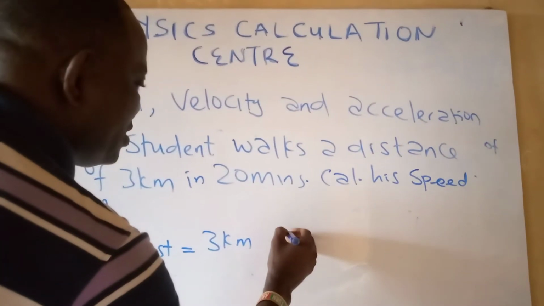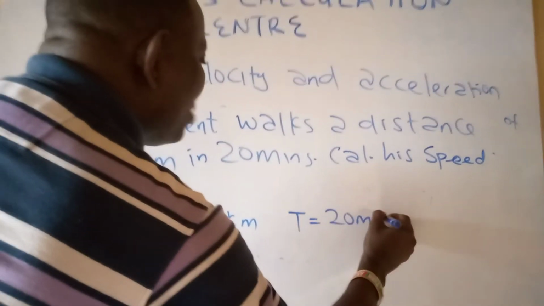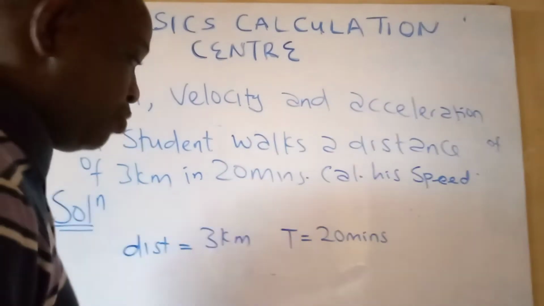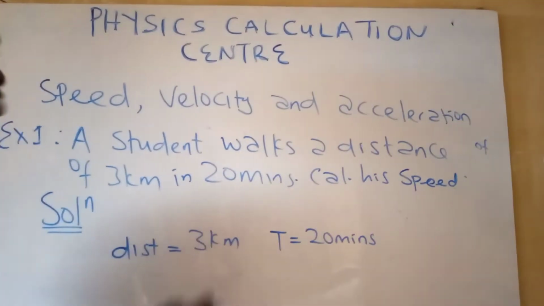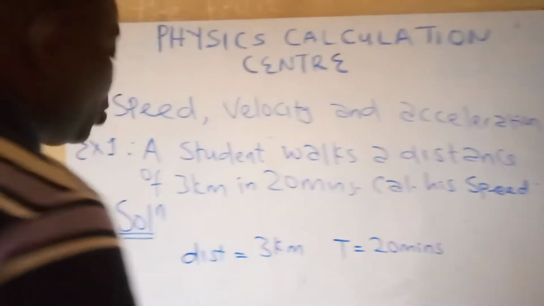Time, we are given time. Time T is 20 minutes. Remember I told you that the SI unit is what? Meter per second. And this is kilometer and minutes. So what it means is that you have to change this to meters and you have to change this one to seconds. How do we do that?